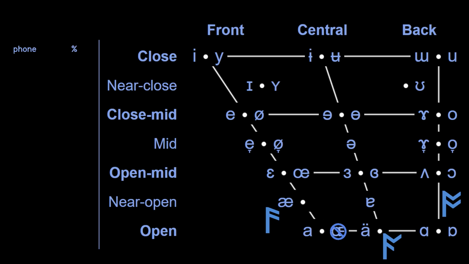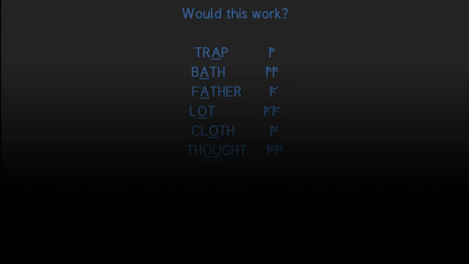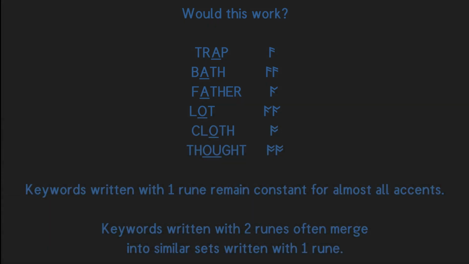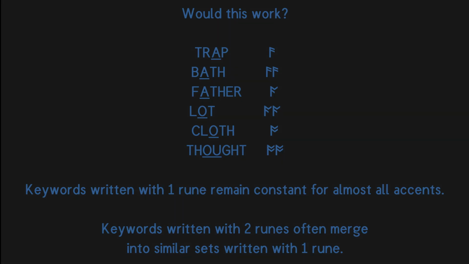Long-term viewers of Rune Revival will remember how we've previously suggested using double Ash for the bath vowel if it needs to be distinguished from both the trap and father vowels. In a similar way, although there is some variation across accents, it can generally be said that the lot and thought vowels play second fiddle to the father and cloth vowels, respectively.